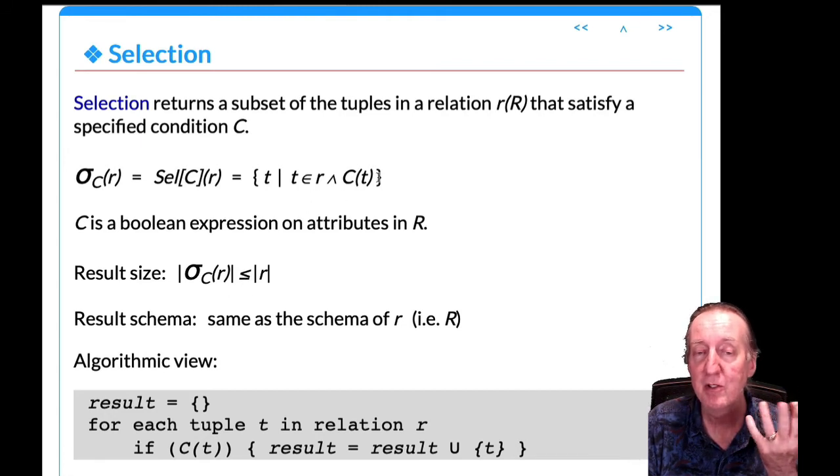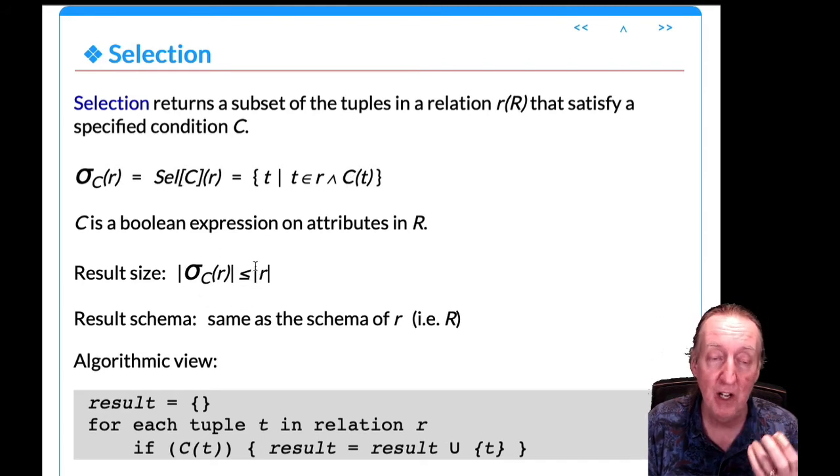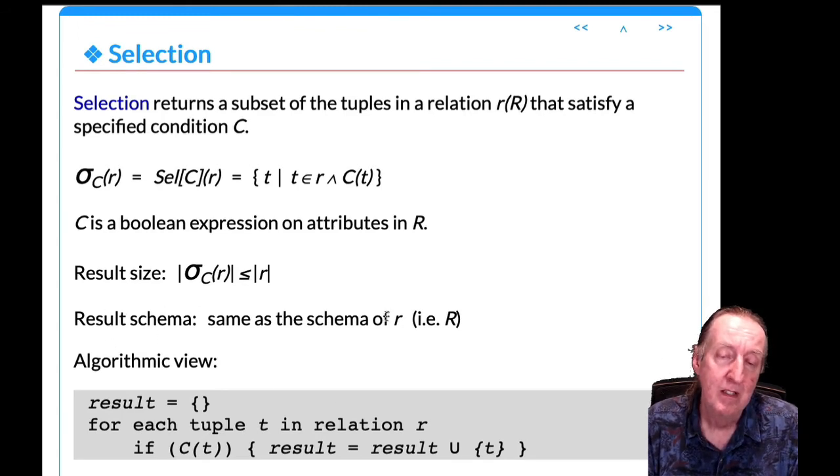It's possible that if C is the Boolean function true, then the size of the result of the selection would be exactly the same as the size of the input table. And as I mentioned before, it's got the same schema.